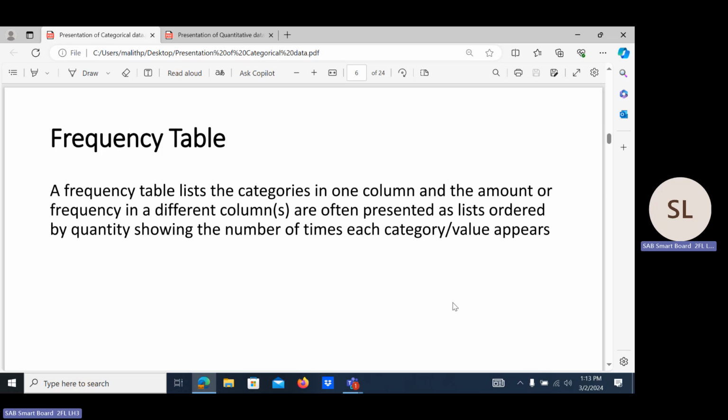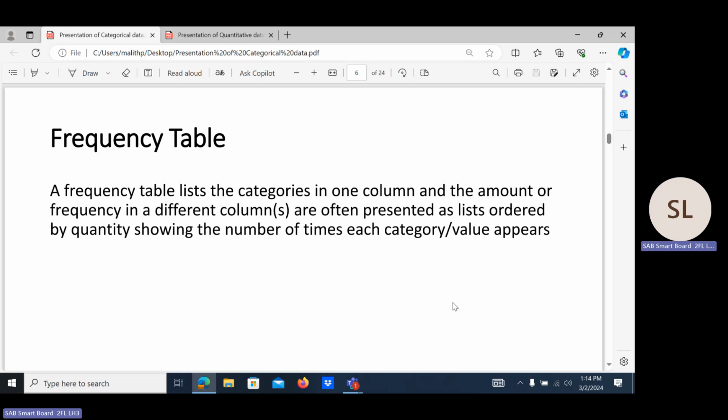Then we move on to the next one, which we call the frequency table. Normally we draw the frequency table. A frequency table lists the categories in one column and the frequency in different columns. Normally in a table there are columns and rows.